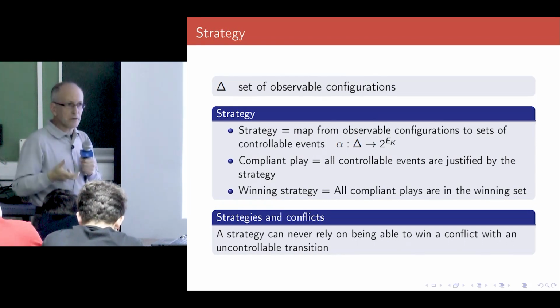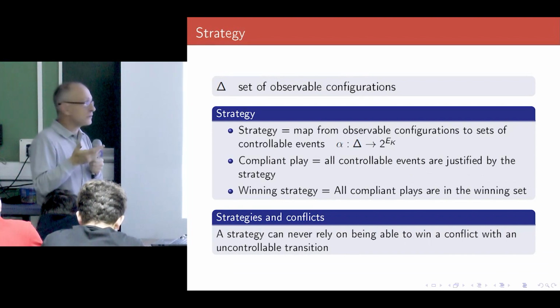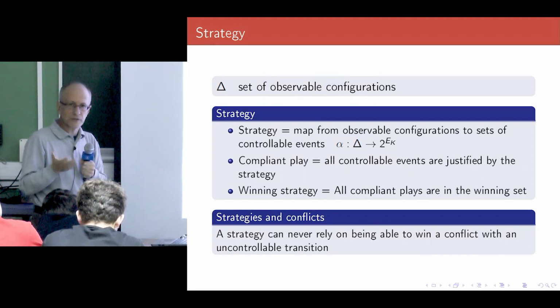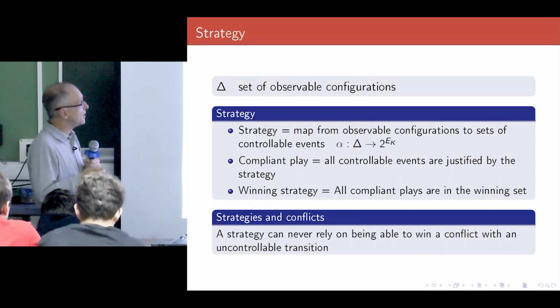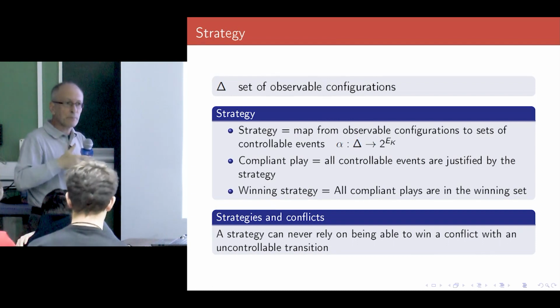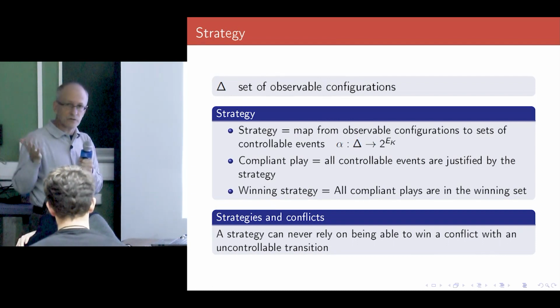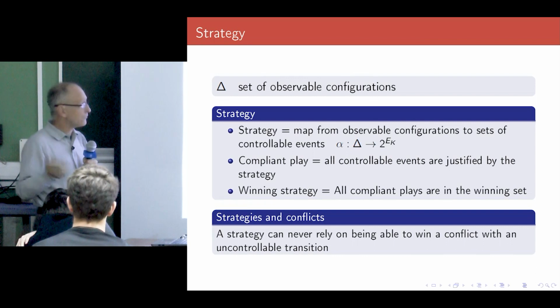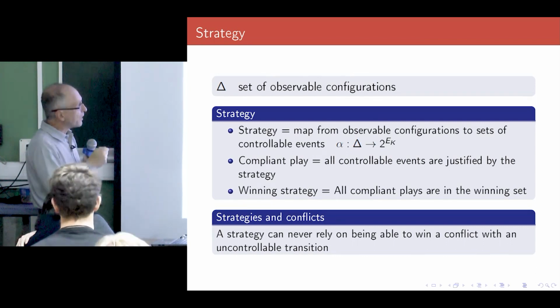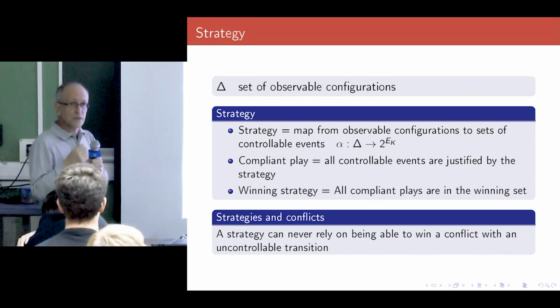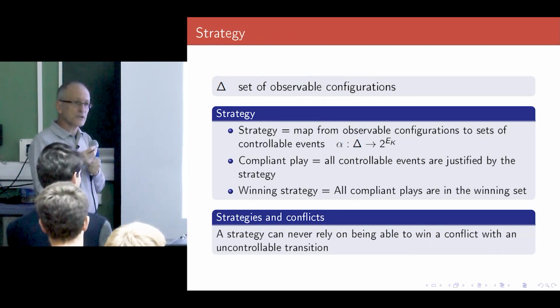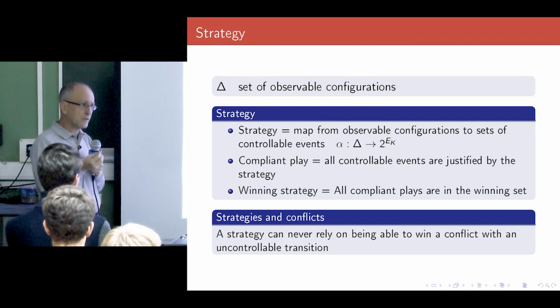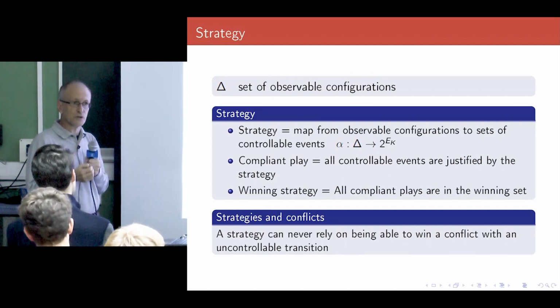A play in general is not bound to follow a specific strategy, but if we think that the player is using his strategy, then of course some plays will be discarded because they become impossible. So a compliant play is a play in which all controllable events are the result of a decision by the player according to the strategy.